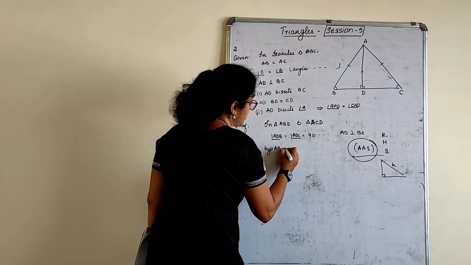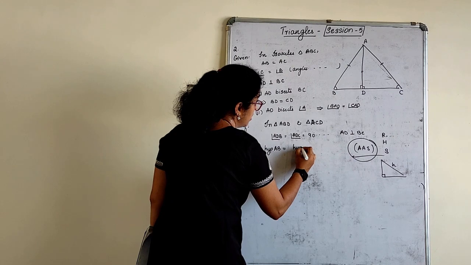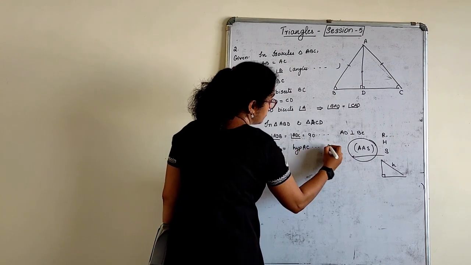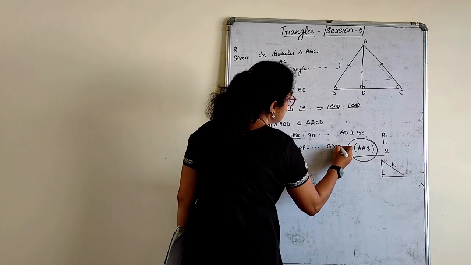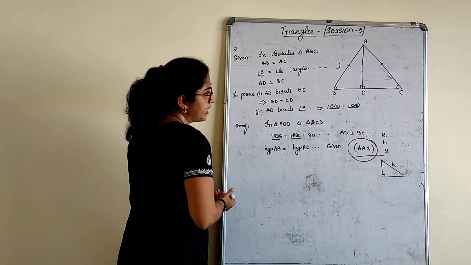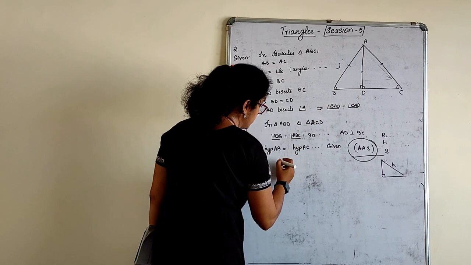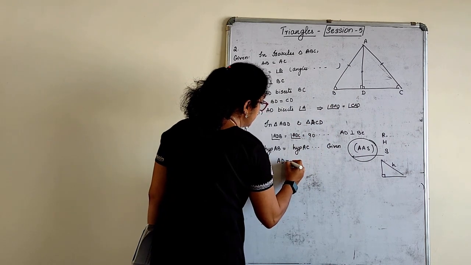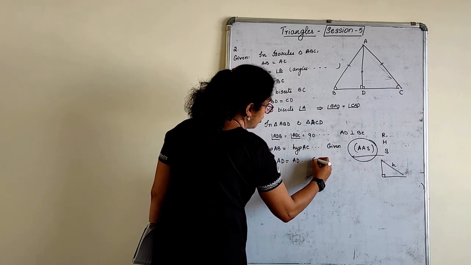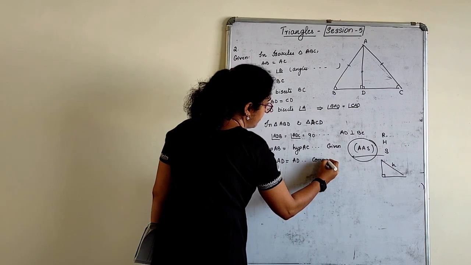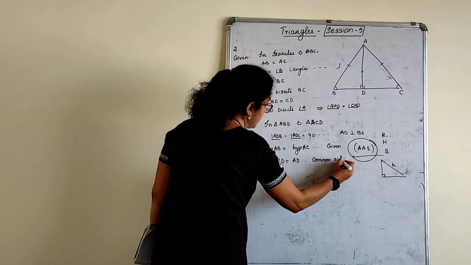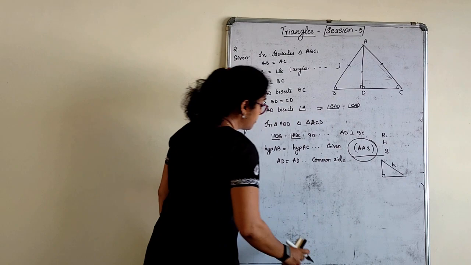Hypotenuse AB is equal to hypotenuse AC, given. Now which side do you want? Common side, because right angle, hypotenuse and a side. AD is equal to AD, common side. Whenever you are writing about the hypotenuse, you have to write it like this only.